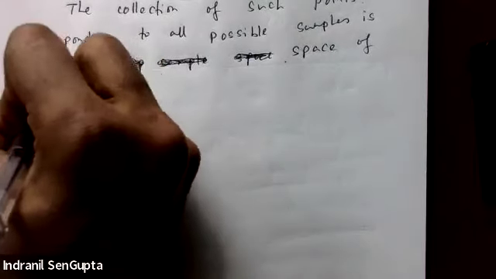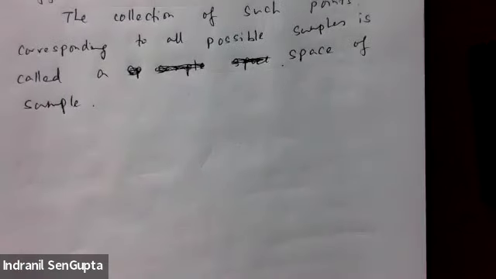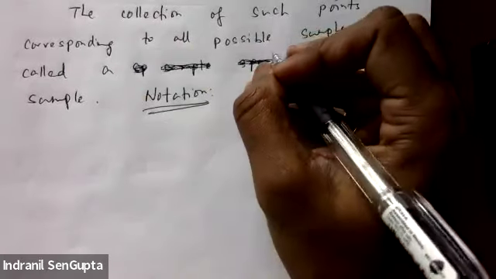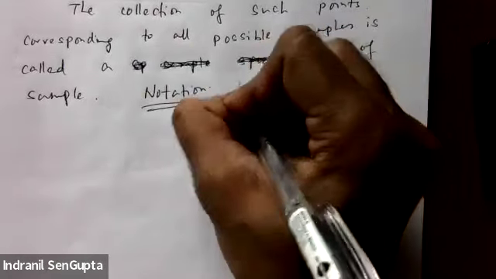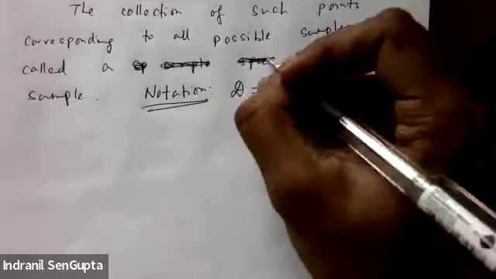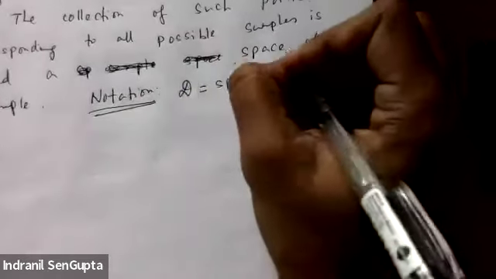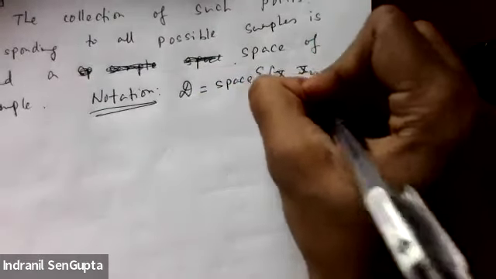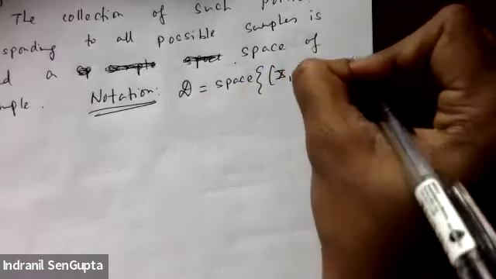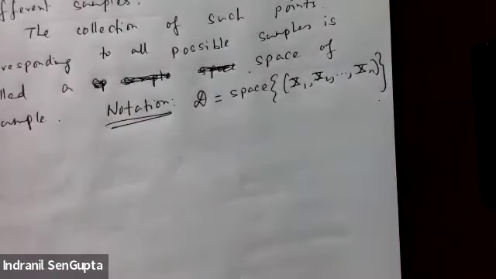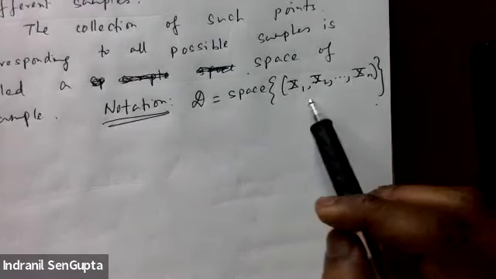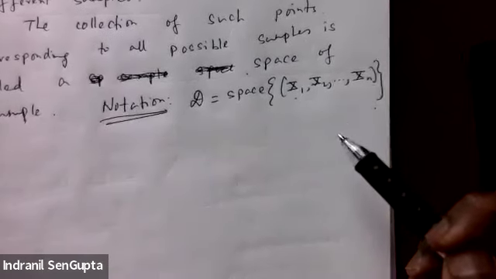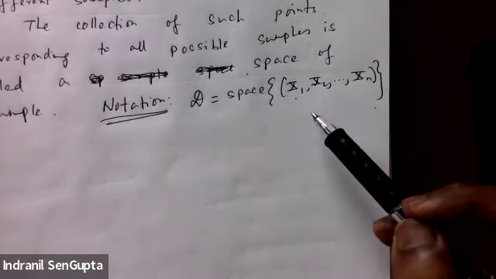In the book, they denote it by a curly D. Basically, this is the space generated by all the random variables X1, X2, ..., Xn. So you see all the samples, and whatever you observe, just dump it there. That is the sample space: all possible values of the sample observation.